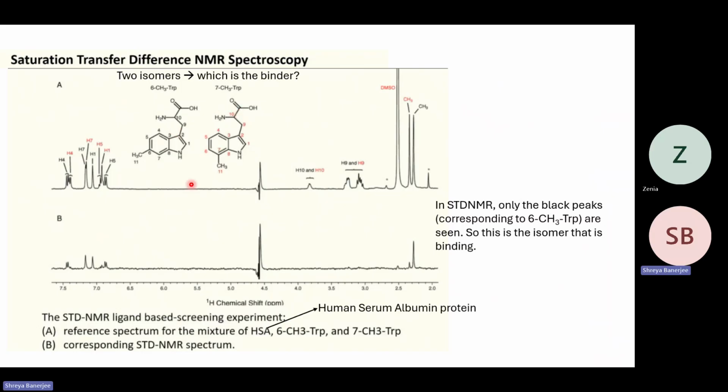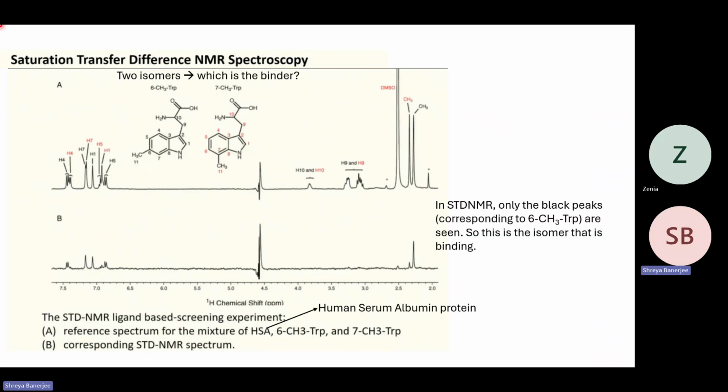Which of these is binding to the human serum albumin protein? Initial spectra is, so 6 CH3 tryptophan is shown in black, 7 CH3 tryptophan is shown in red. Initially, both are present. In the STD NMR, only the black peaks corresponding to this molecule are observed. So this is the molecule that is binding.